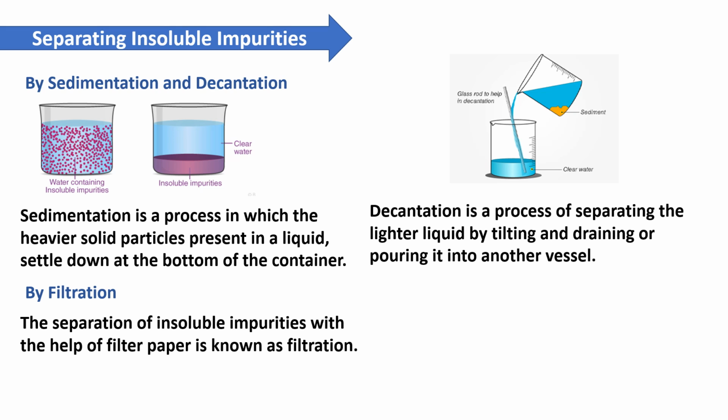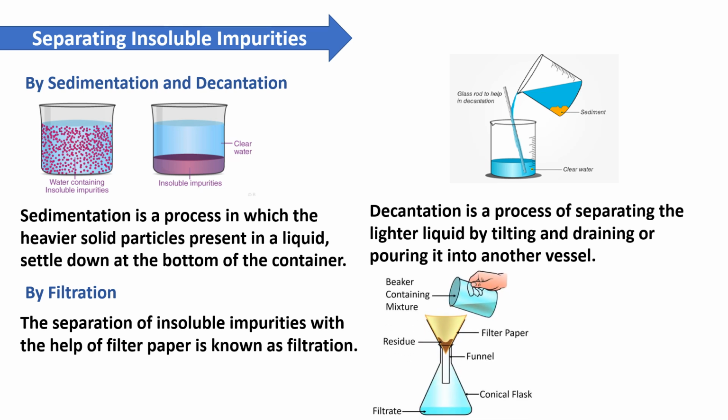Filtration means we have to use filter paper. So this is a process in which we can separate the insoluble impurities with the help of filter paper. Here in this picture, we have taken one conical flask. In this conical flask, we have put one funnel. Now in that funnel, we have kept one filter paper.